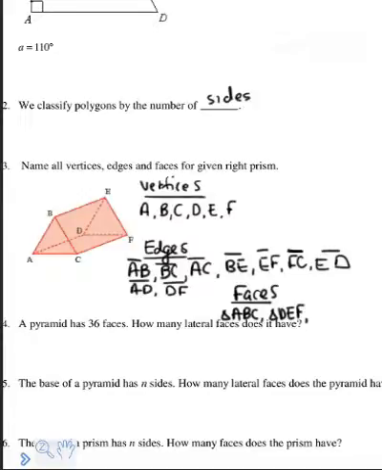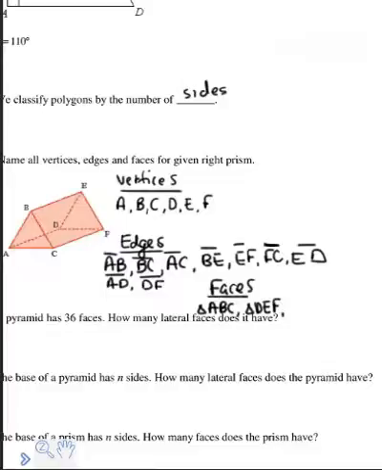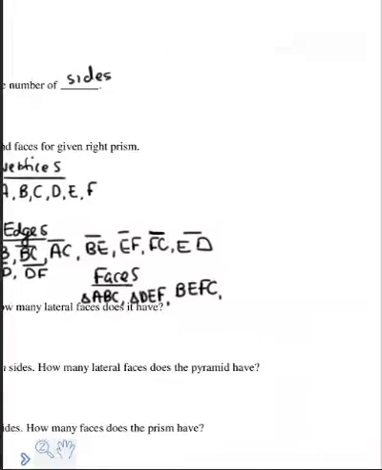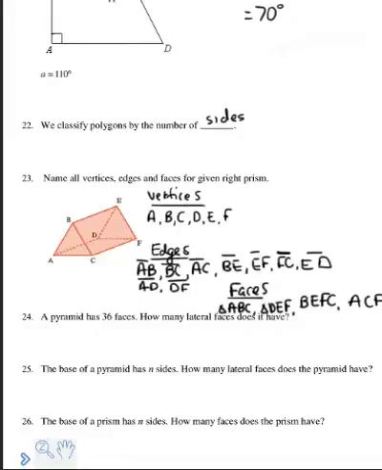So we have the bases, triangle ABC, triangle DEF, and then we have three lateral faces. We have this one here, which is BEFC. Rectangle rather, not a triangle. We have the one on the bottom, ACFD. That's another rectangle. And we have this rectangle on the side, which is ADEB.